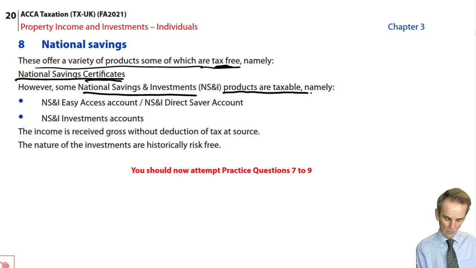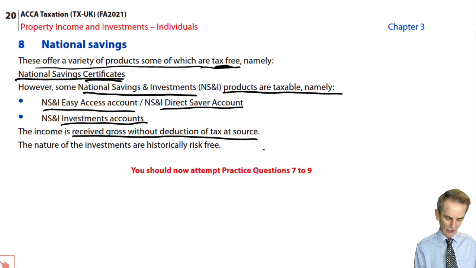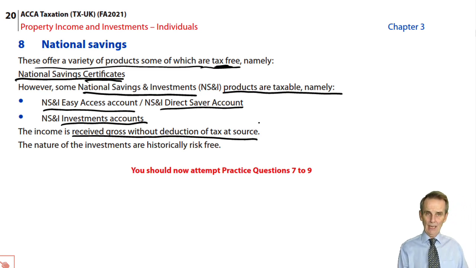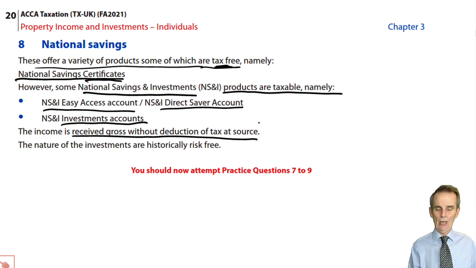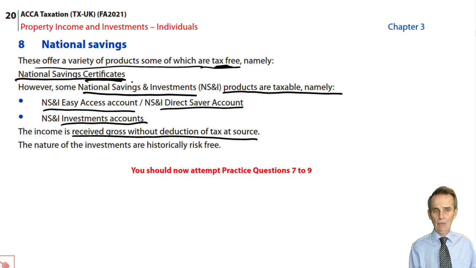These products, which you most usually see as the national savings and investment accounts within an exam question, would be an easy access account, or a direct saver account, or an investment account. The income is received gross without deduction of tax at source. Well, all such interest is. And of course, that means that that type of national savings and investment account interest will be taxable as savings income, but the disposal of national savings certificates is exempt.